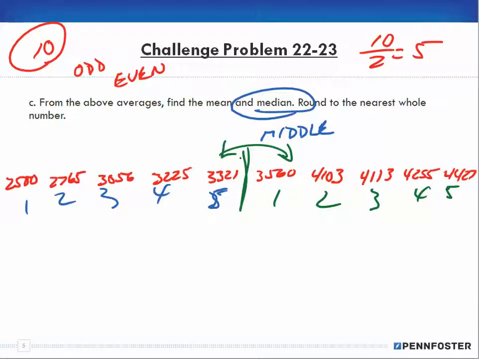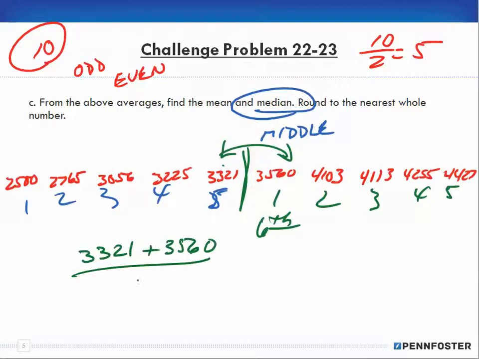I go over 5 points, so it has to be between the 5th one and the 6th one. To find what's in the middle, I add the two together, 3321 plus 3560, and divide by 2. That's how you find the midpoint.